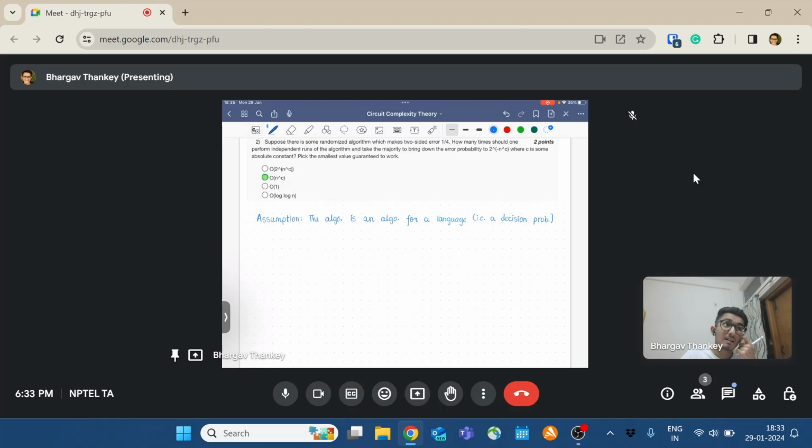Was it ZPP? No, the intersection of NP and co-NP is just NP intersection co-NP. The intersection of RP and co-RP is ZPP. Sorry. Yes, BPP contains RP and co-RP both of them, right? I was getting confused.